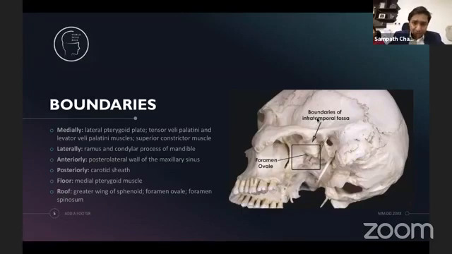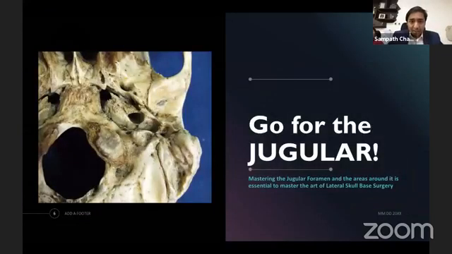Anteriorly, the posterior wall of the maxillary sinus. Superiorly, it merges with the temporal fossa under the arch of the zygoma. The floor is the medial pterygoid muscle, below which the infratemporal fossa continues as the parapharyngeal space. The roof, of course, we discussed, is formed by the greater wing of sphenoid, which has a foramen ovale, foramen spinosum, etc.